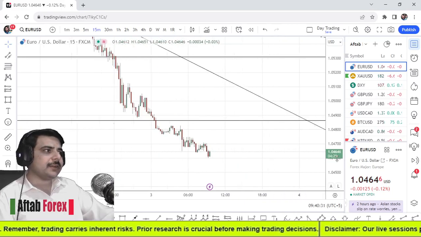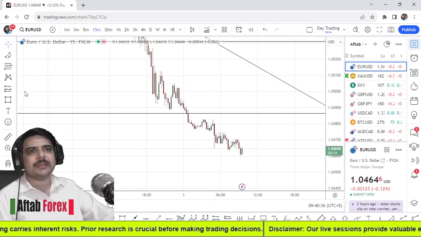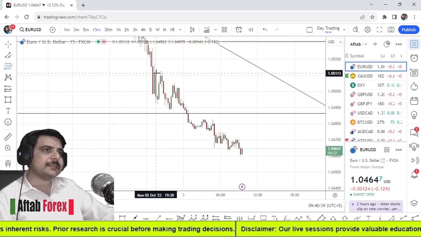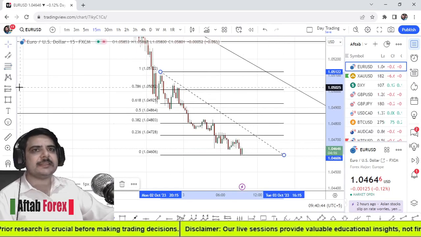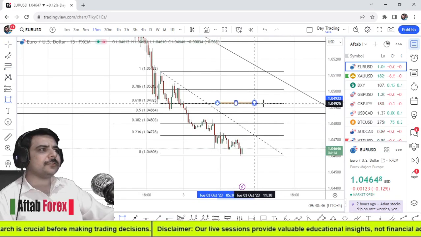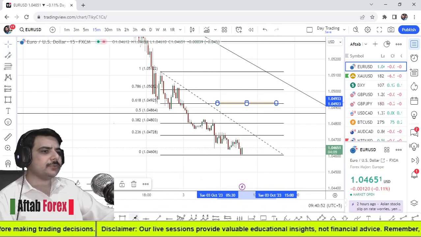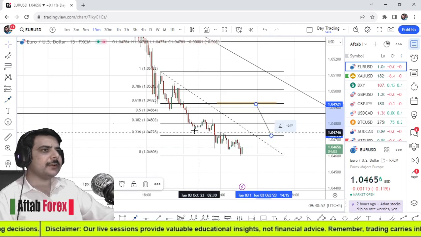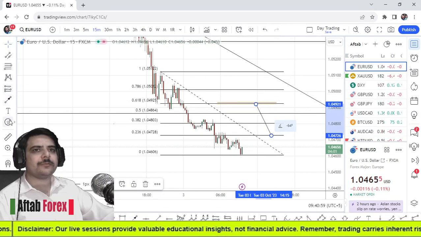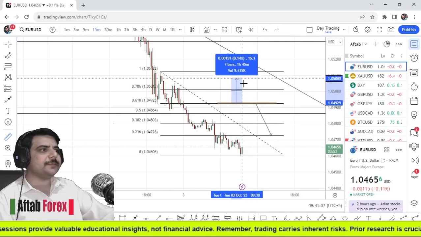But there is one intraday opportunity with us, and that intraday opportunity will be not 100% guaranteed that it will be giving profits, but easily it can give a profit from 1.04923, a sell trade towards the 23.6% retracement with a stop of around 20 pips.